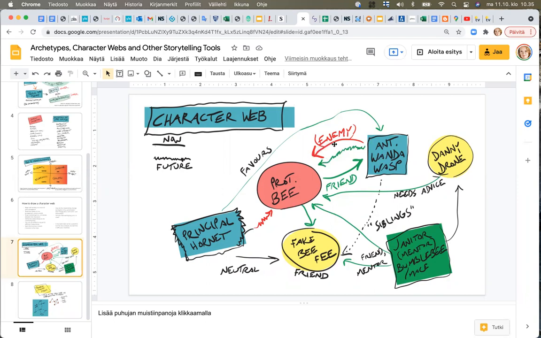And here I've also used different colors for the connecting lines. Then we have another friend whose name is Fake Beefy, but she's really a friend of Wanda's.